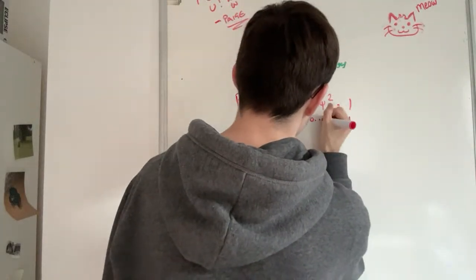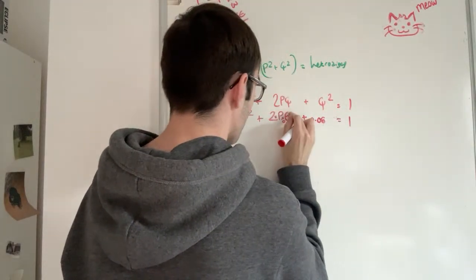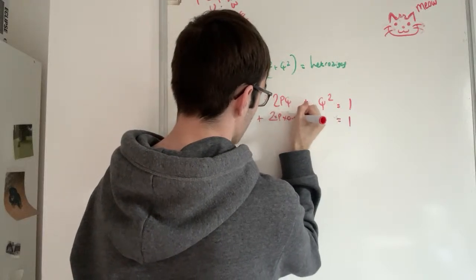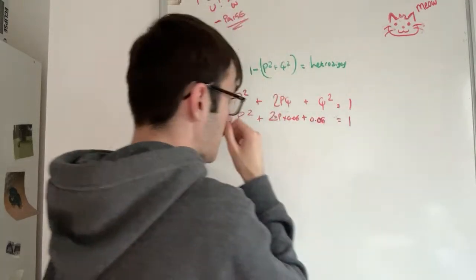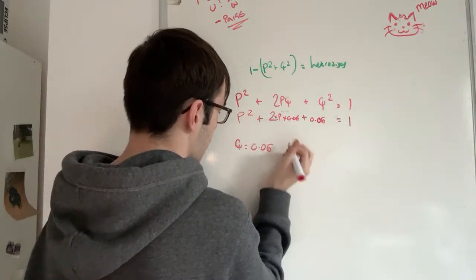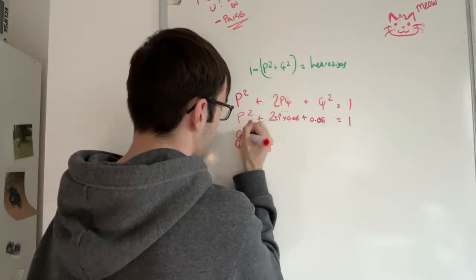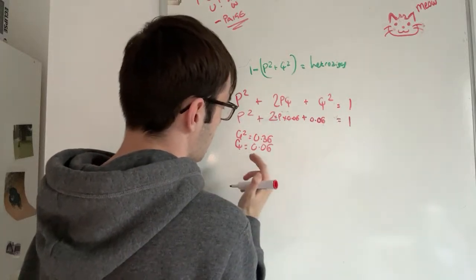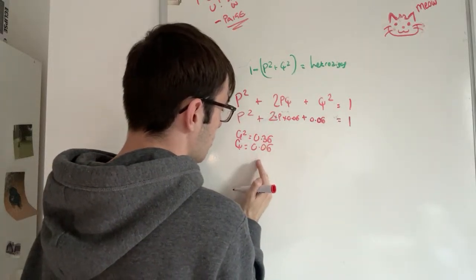This has to be 2 times p times 0.06. Because we know q is 0.06, because we know that q squared is 0.36, or 36%.